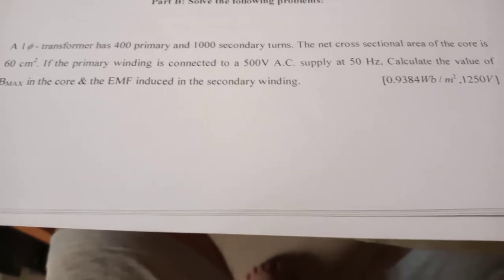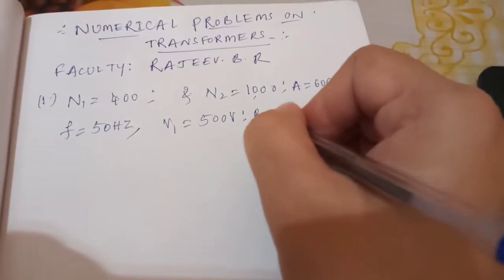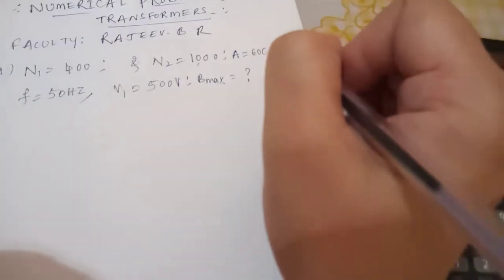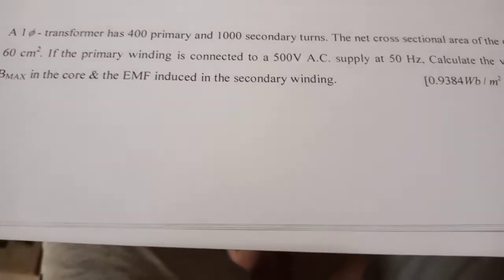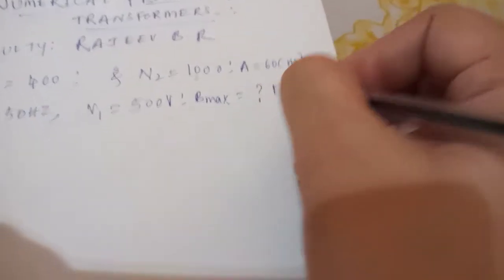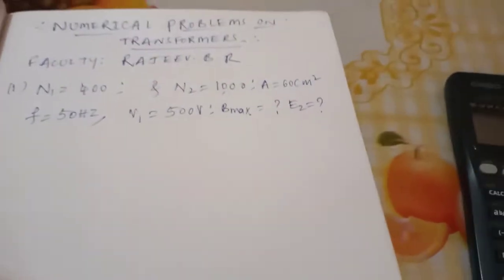Calculate the value of B max. B max is the maximum flux density in the core, and the EMF induced in the secondary winding.